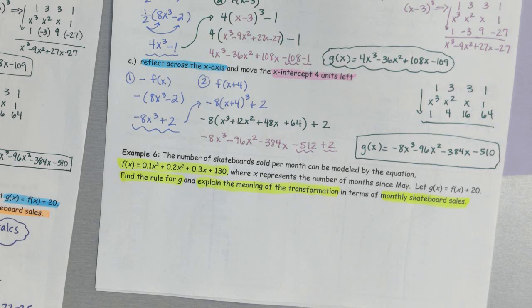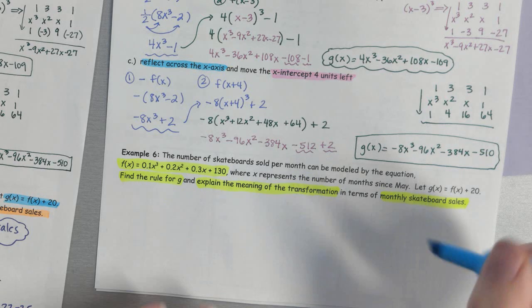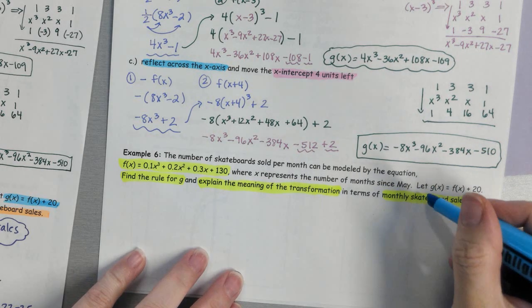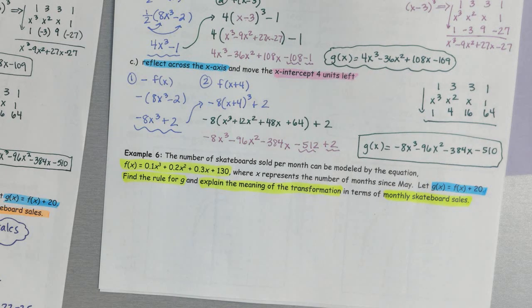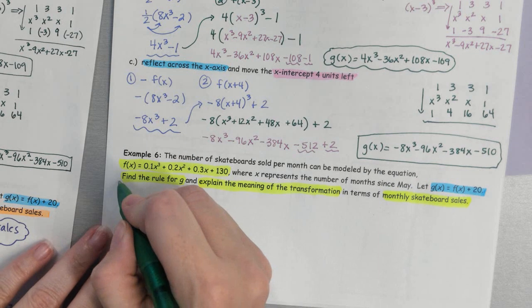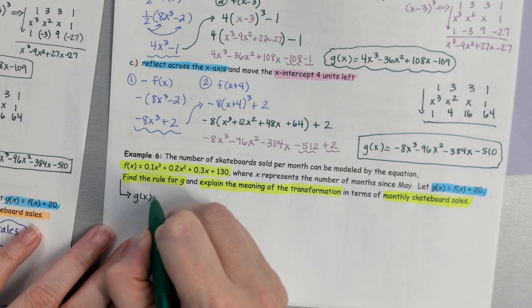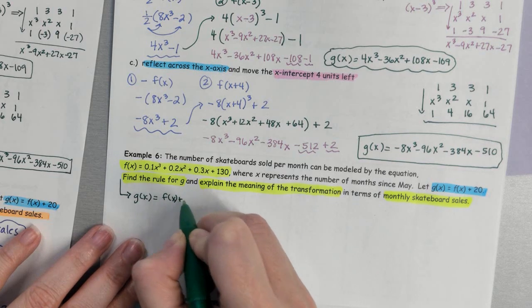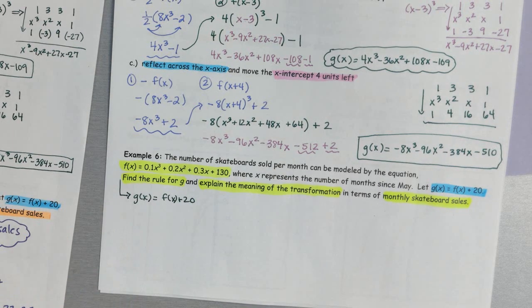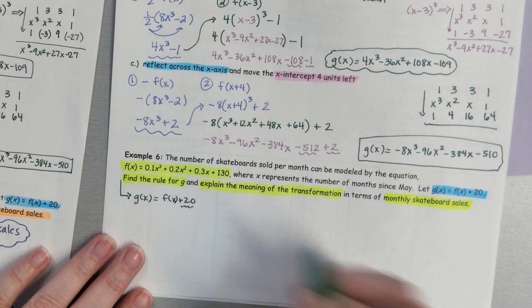Okay, so finding the rule for g, that's going to be finding the equation. Okay, so it says let g of x equal f of x plus 20. So that's going to be the simpler part. So the first thing we're going to do is find the rule. So to find the rule, we're going to do g of x equals f of x plus 20. And we're just going to plug in our f of x. Now, when you're plugging in the f of x here, you have the plus 20.